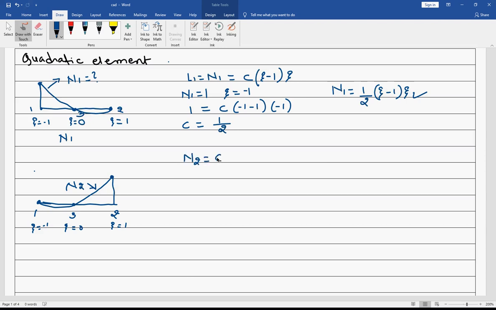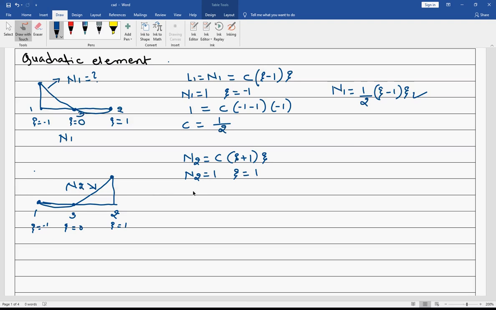the equation of N2 as c into the equations of the nodes where N2 is 0. At node 1 it is 0, so xi plus 1 is the equation of node 1, and the equation of node 3 is xi. This is the equation of N2. Now N2 will be equal to 1 at xi equal to 1.